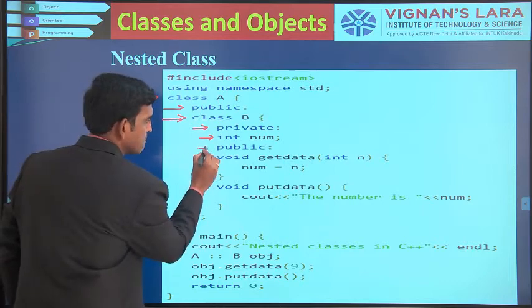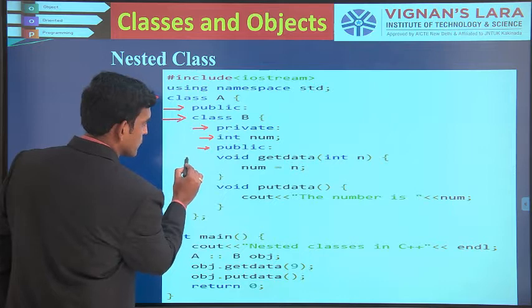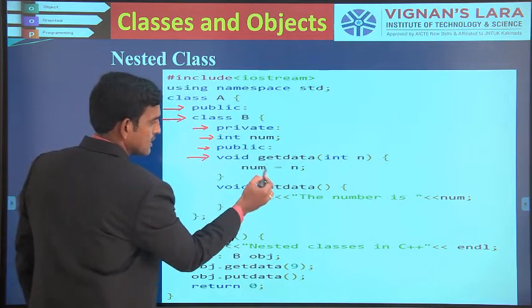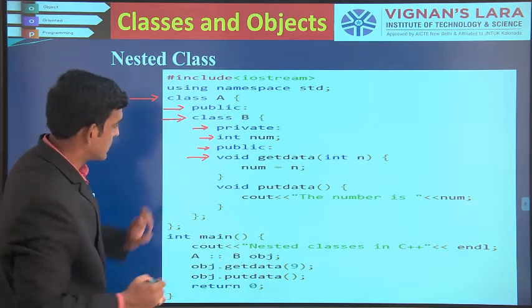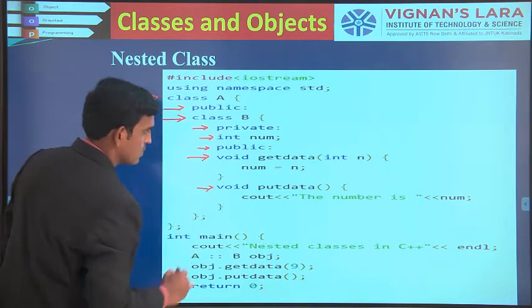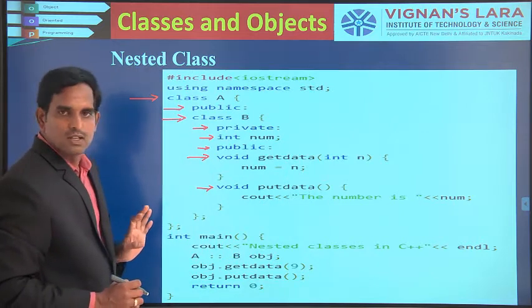Then it has one public method, getdata, in which we write num is equal to n. And there is another public method, putdata, which outputs the number, num.